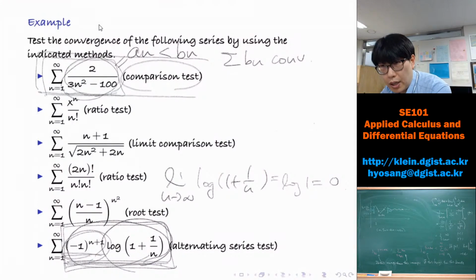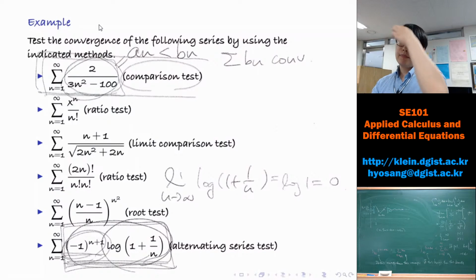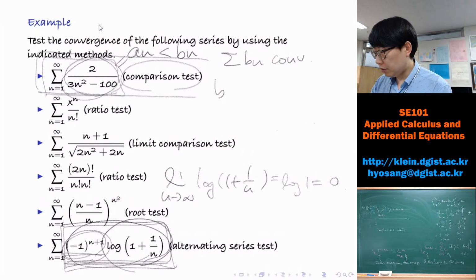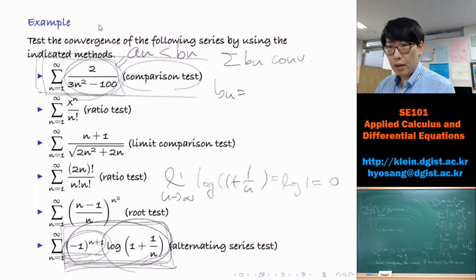So what kind of Bn can I use? If I want to make a ratio bigger, then I have to make the denominator smaller, right?